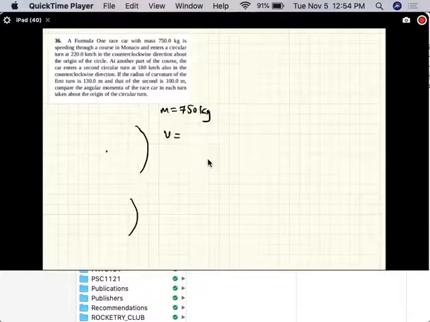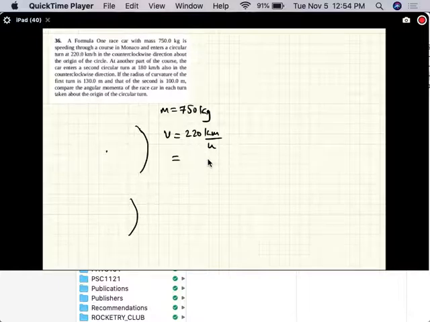The velocity for the first circle is 220 kilometers per hour, and here's the conversion. A kilometer is 1,000 meters. 1 hour is 3,600 seconds. So to convert to meters per second, you just divide this number by 3.6. Anyway, you guys can figure that out.